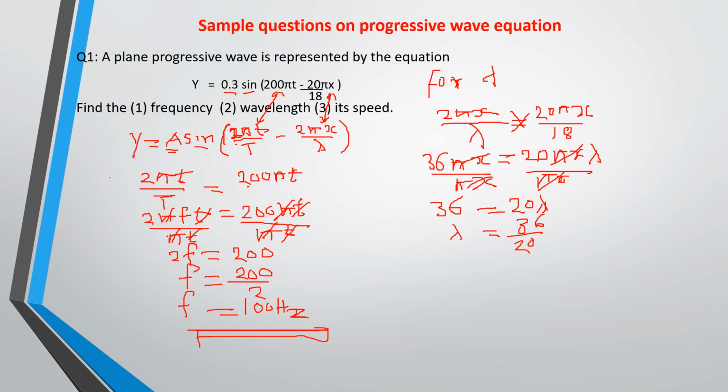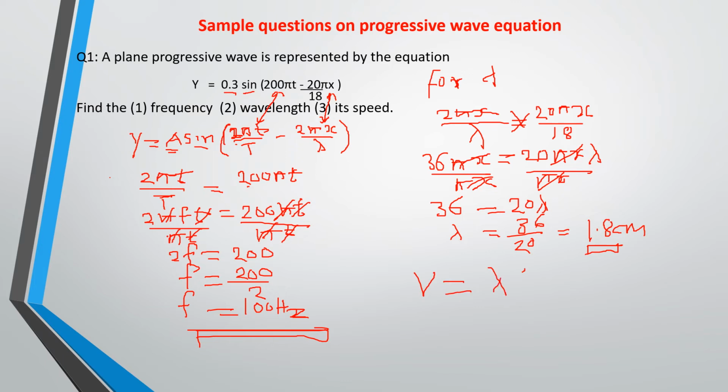By the time you work this out, your wavelength is equal to 1.8 centimeters, as the case may be. So this is 1.8 centimeters, that's your wavelength. So you see how the equations are used. Now for you to find the speed, we know that speed equals what?